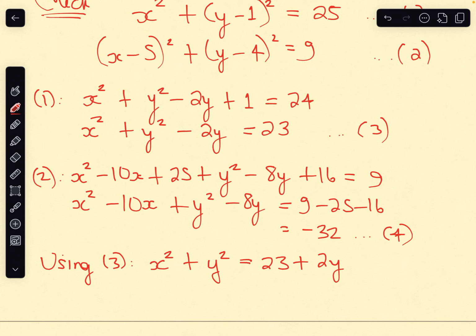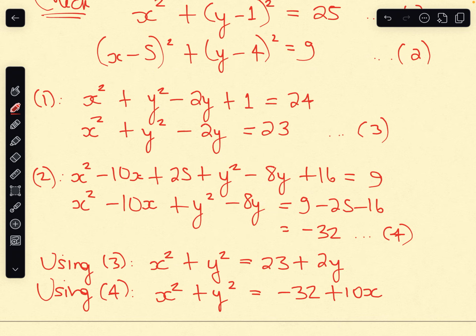So let's call that, okay, I don't think we need to call that 5. This numbering is getting out of control. And then using 4, I can also isolate the x squared plus y squared terms, and then I would end up with negative 32 plus 10x plus 8y, right? If I move these over to the other side.